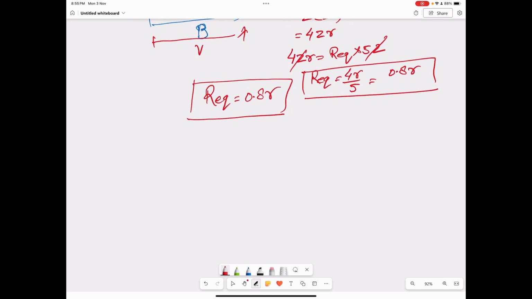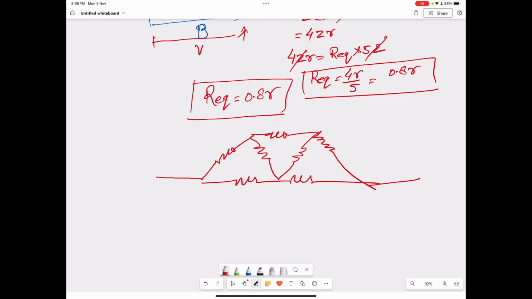Now if you come to another example, I am just taking half of this. So from the symmetry, you understand between this point A and B, if there is a current X flowing through it and Y is going to it, so by symmetry Y has to meet here, X has to come here, then only they will meet here. That means the current will flow from here to here.